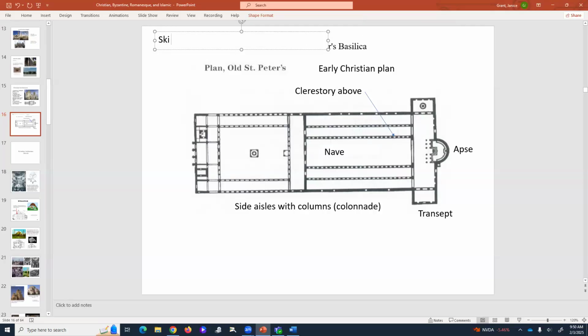So these are all one page. Four sketches, but one assignment.